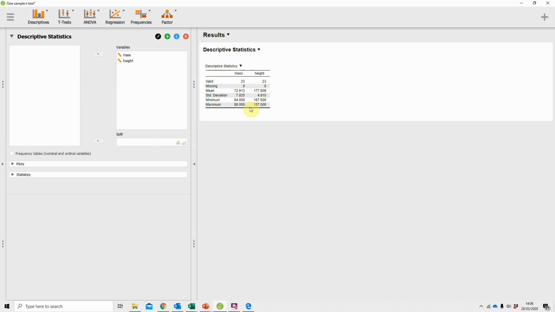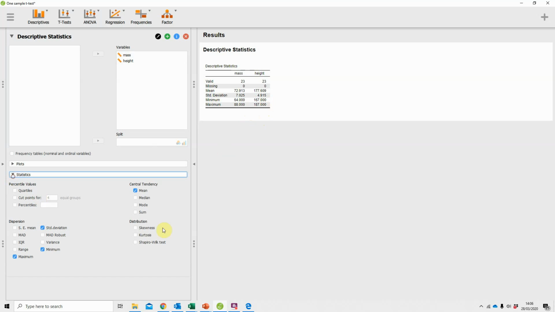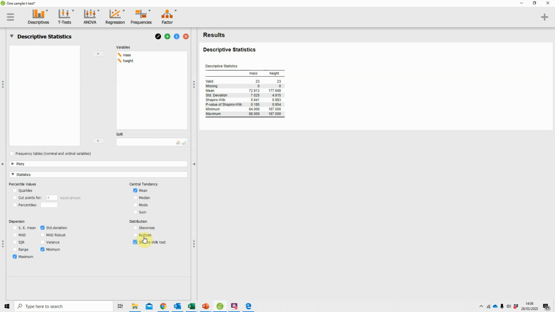I'm not seeing anything that was 40 kilograms or 150 kilograms that I think is a very unusual value. I can look at the Shapiro-Wilk p-value, and I can see that both of these are above 0.05, suggesting that we have a normal distribution, which allows us to do parametric analysis.